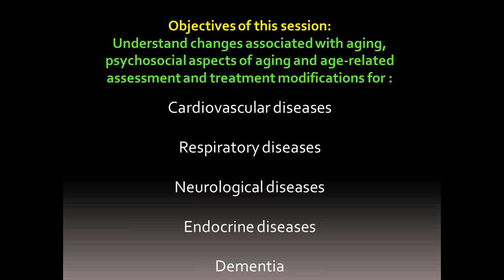Not that the younger population can't also have cardiac issues, but chances of an elderly person suffering something of cardiac nature or respiratory nature is much greater. So we want to recognize that our risk factors are different with the elderly. We also want to recognize that the way that they present may be a little different.